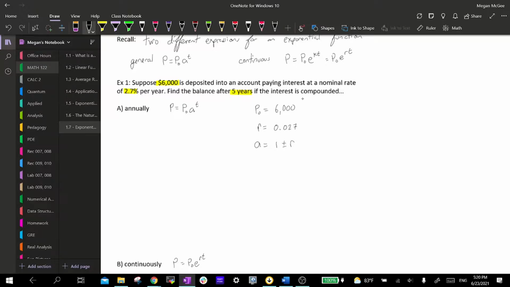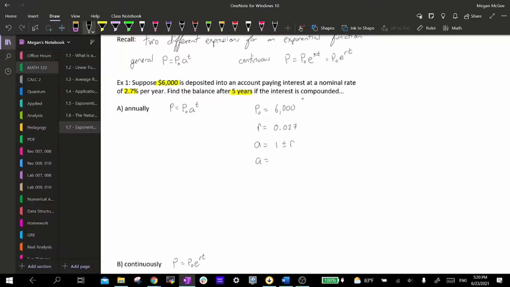In this case, our interest is being compounded. That means it's being added to our previous amount of money in that bank account. So we are going to be increasing, so we're going to choose positive r.